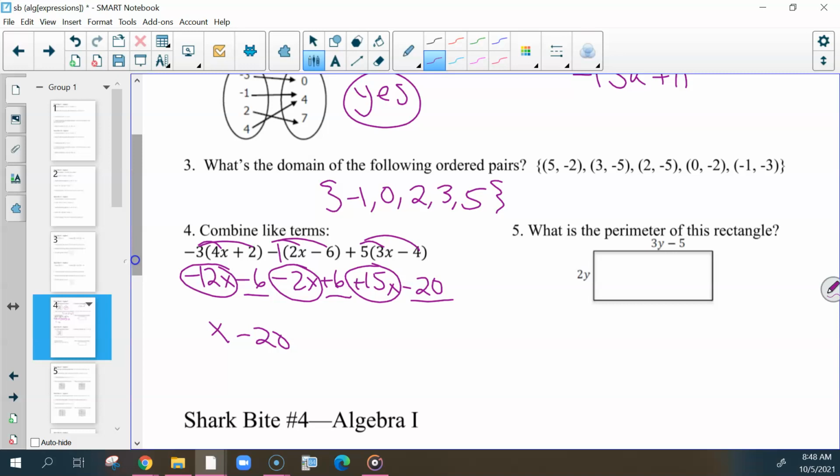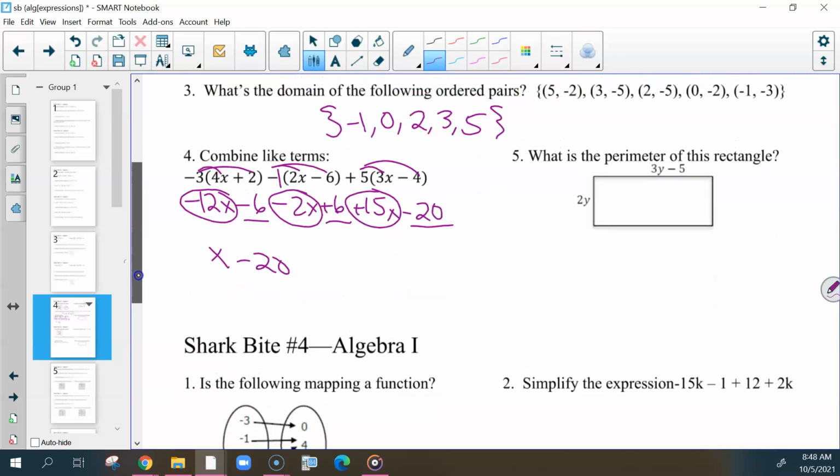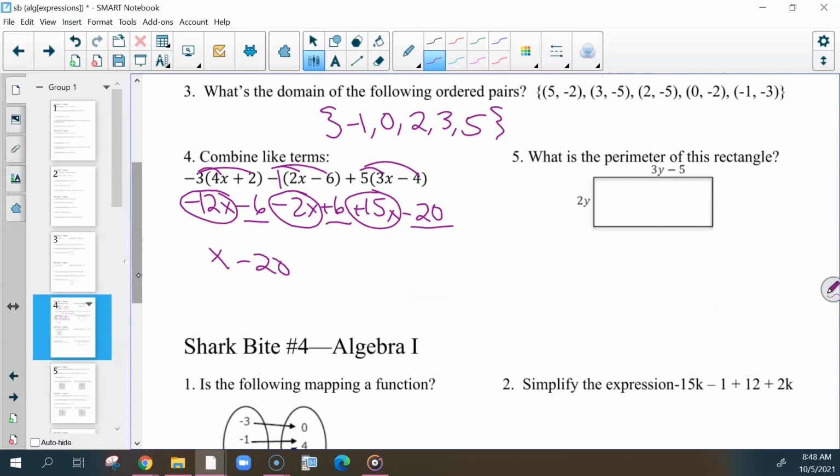And then for your perimeter, you could have made sure that you had all 4 sides and added them up like that. You could have used that formula I gave you, 2 times 2y plus 2 times 3y minus 5, distributed and combined like terms.